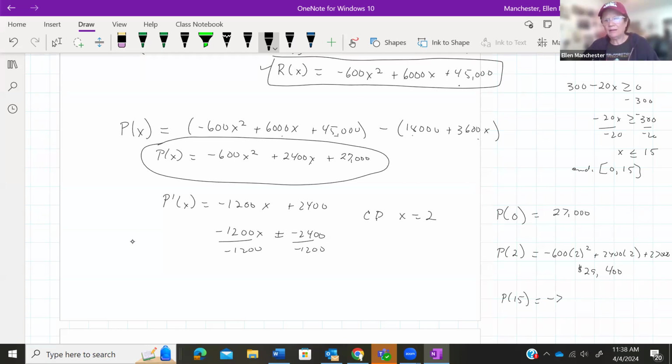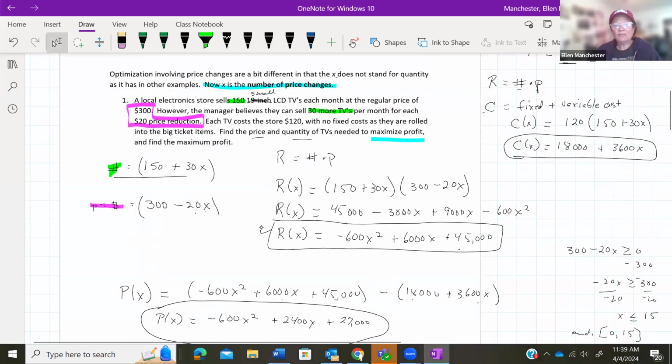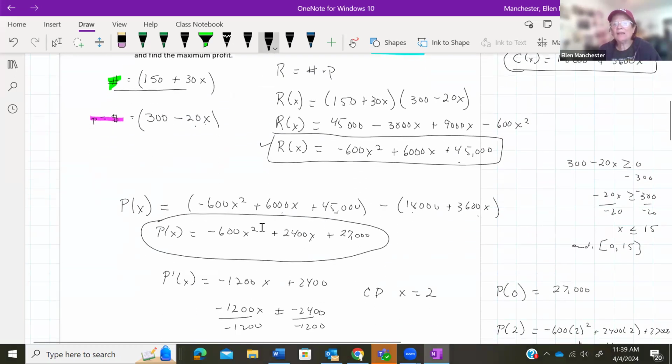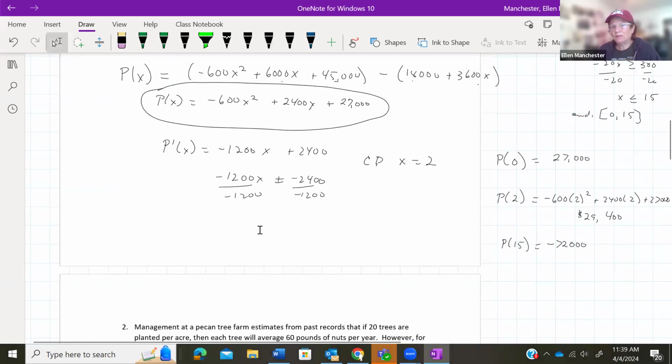And I get a negative 72,000. Okay, so clearly that is not maximum profit. What that means is I'm losing a heck of a lot of money by changing the price 15 times, which makes sense. If I change the price 15 times, again, that means the price is 0. So I am not making any profit at all. Okay, so my maximum profit is 29,400.